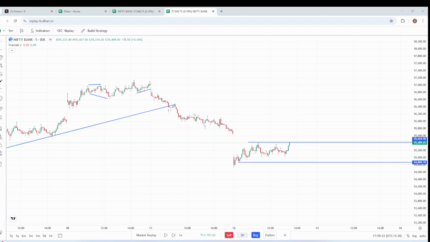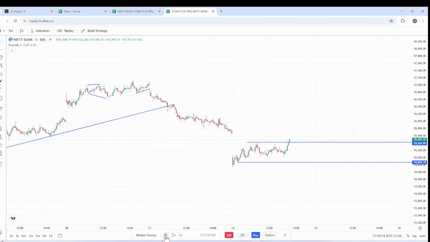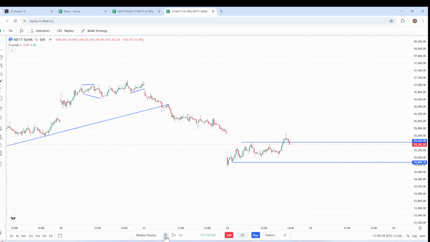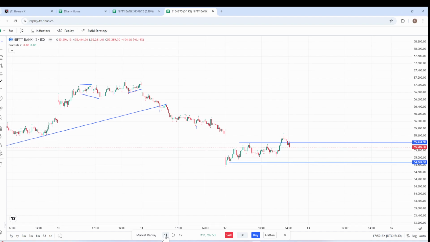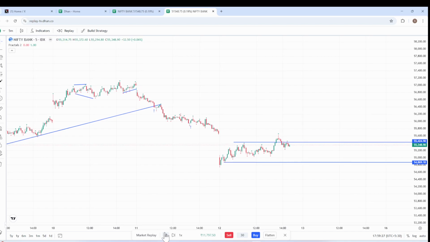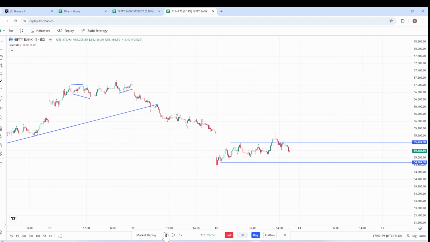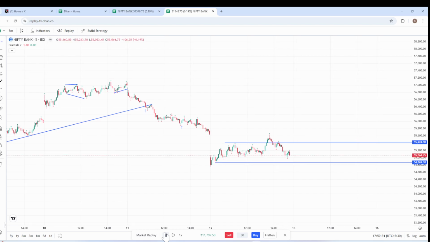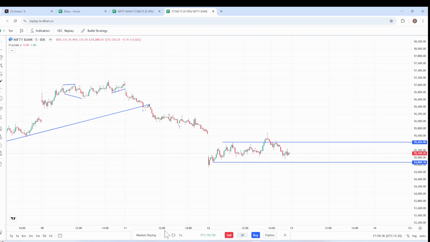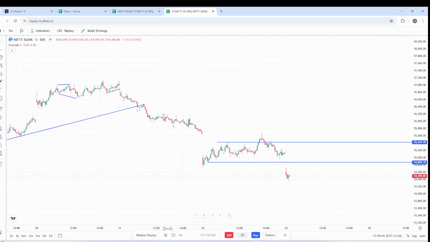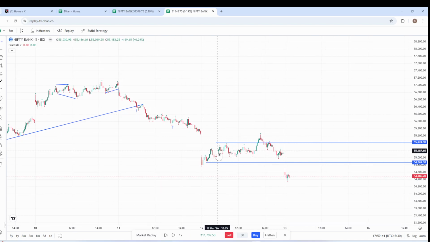Or you may get a little more also. It is still coming down. Yeah, it broke. Sometimes you can't help it because these are very short buy setups under bearish sentiment.